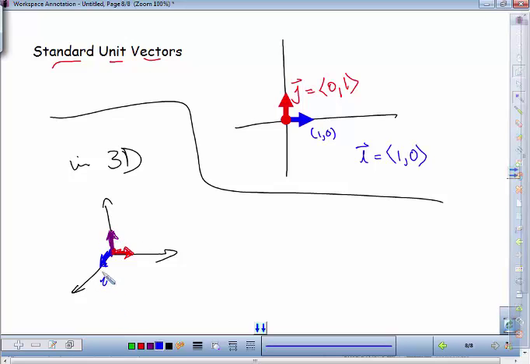And they're called the I vector, the J vector, much like in 2 dimensions, but now there's a K vector when you go to 3D.